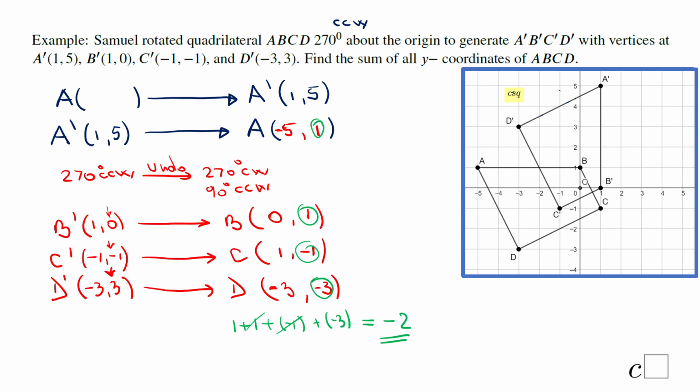And you can see that in the picture. These are the points we found. We can double check graphically: A, -5 and 1, B 0 and 1. That's interesting, right? C 1 and -1, and D -3 and -3, and we did it like you saw in this lesson.